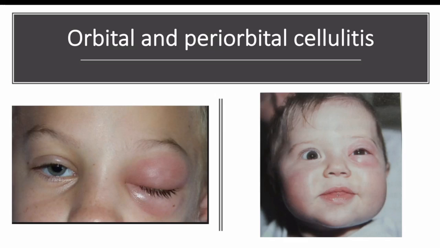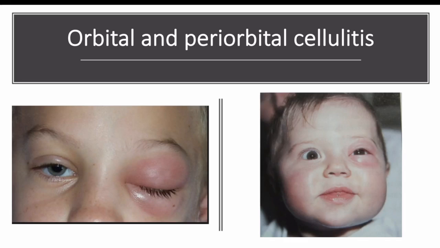So these are all the signs we can see from the pictures. Swelling and redness of the eyelid can present in both orbital and periorbital cellulitis. Fever and other signs of infection can present in both. But with periorbital cellulitis, the patient looks happy. In orbital cellulitis, the patient looks very ill.